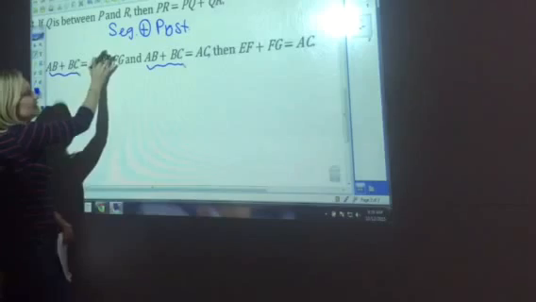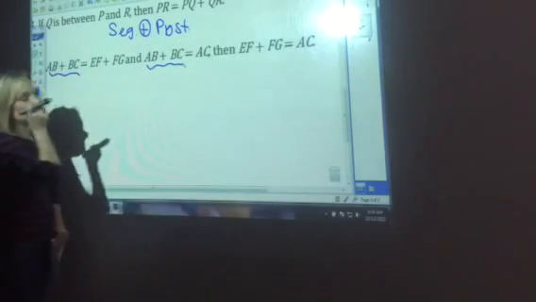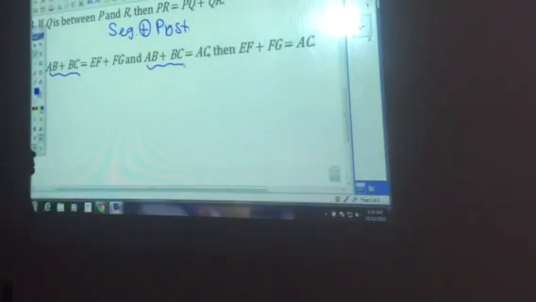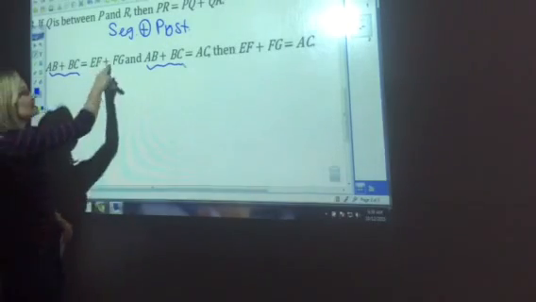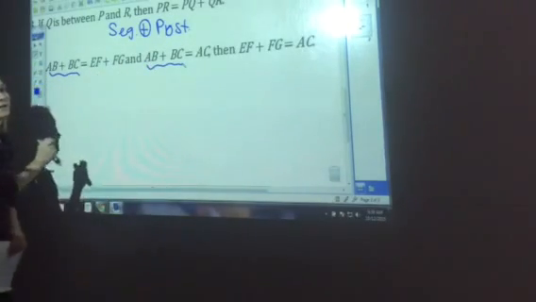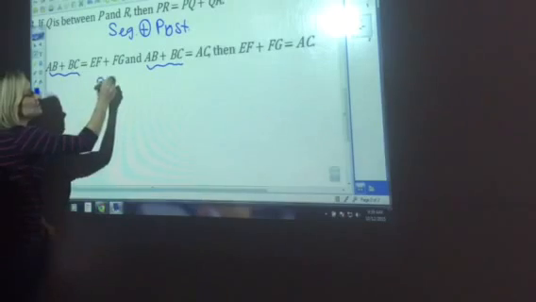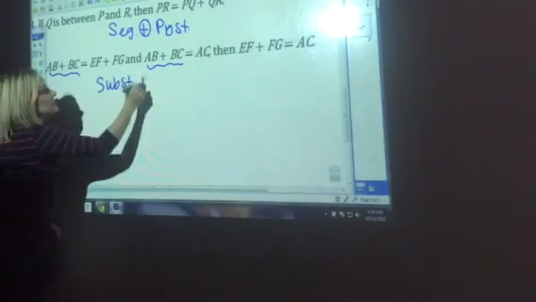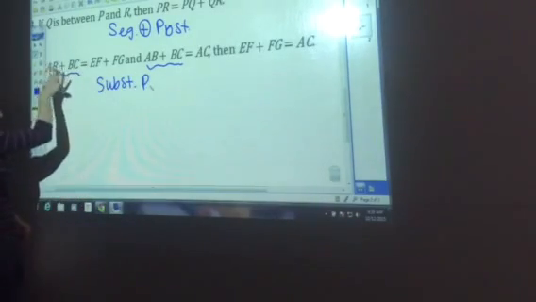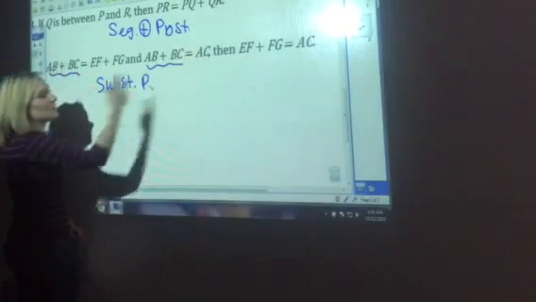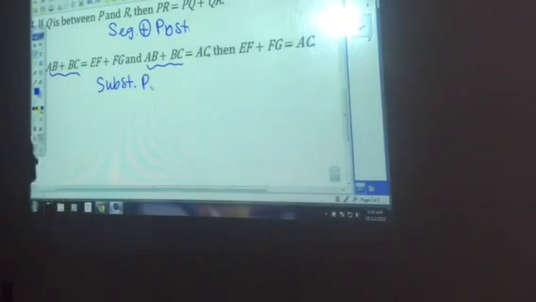Then you could say that this was equal to that. This is actually just the substitution property. Because they don't have it written where this is written again, it's not going to be transitive. So this is just the substitution property. If AB plus BC is equal to two things, then we can set them equal to each other. It's just the substitution property.